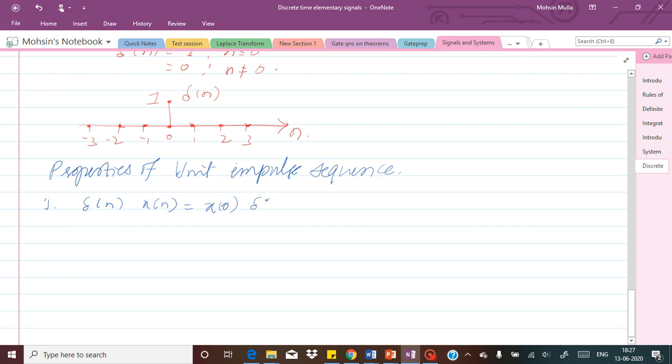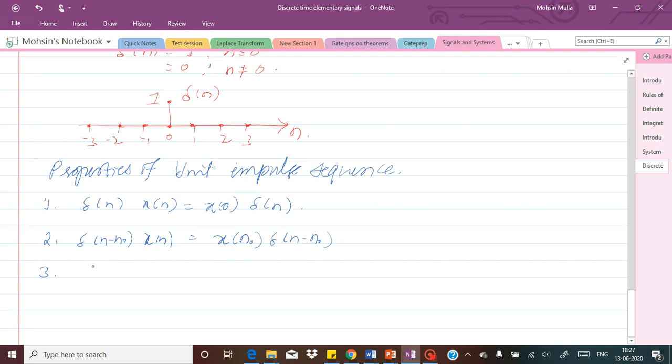The second property is that if the shifted signal is multiplied, then the del of n is now available at n naught, therefore the magnitude at n equal to n naught for x of n will be multiplied with the magnitude of the impulse function at the n minus n naught instant.